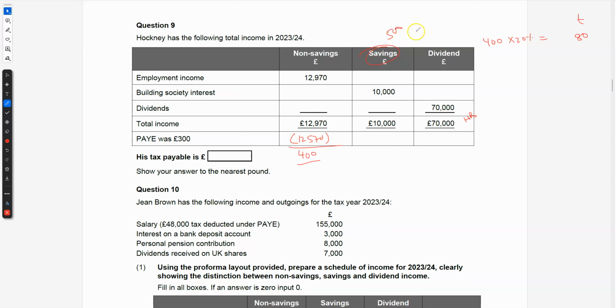It will be 500. So for the first 500, I'm not going to pay any tax, 0%, so 0. The rest of the 9,500 multiply 20% because I'm still on the basic band up to 37,700. So 9,500 multiply 20%, that's 1,900.